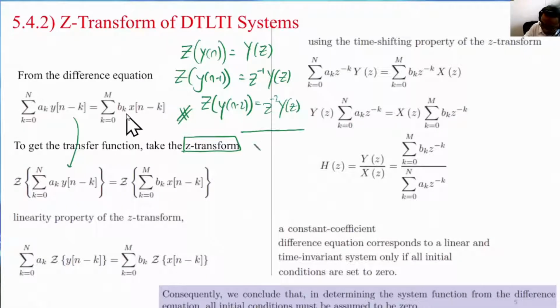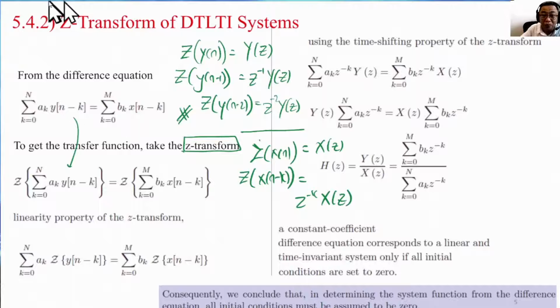Similarly, the Z transform of x of n is X of z, and the Z transform of x of n minus k is simply z to the minus k times X of z. Once we know that we are going to use this time delay property of the Z transform, you will realize that this step is quite trivial.